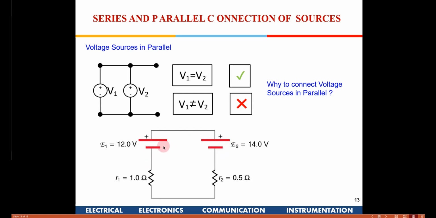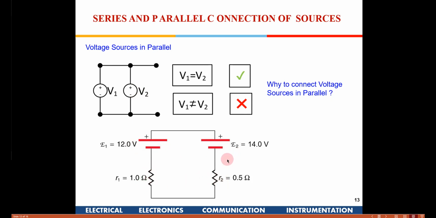In that condition, if it's a 12 volt battery, the generator voltage will be slightly above 12 volt, say around 14 volt. So you will have a 14 volt source connected in parallel to a 12 volt one, but again we are not violating any rule, because this is a practical circuit, and in a practical circuit we will have a series resistance.